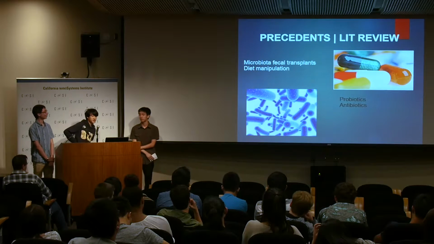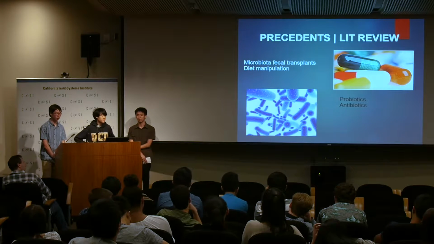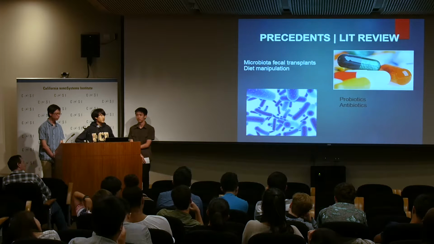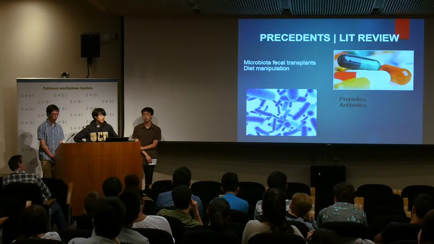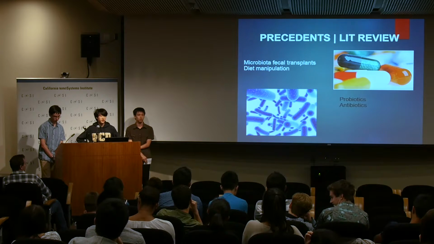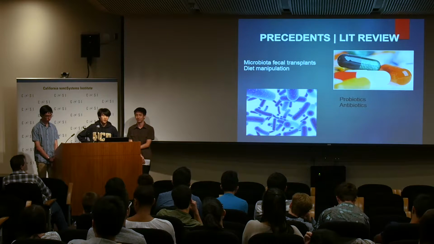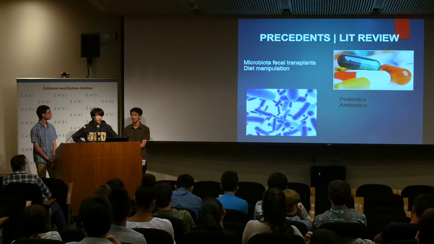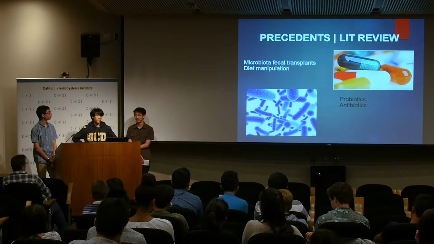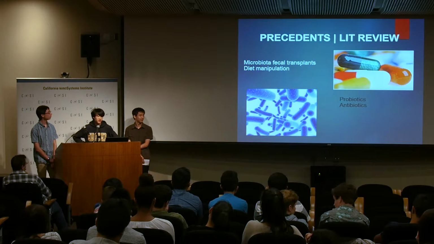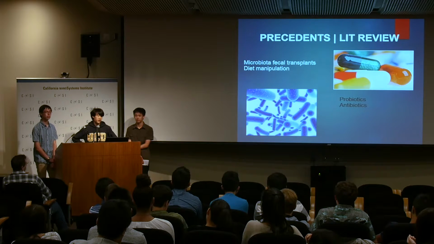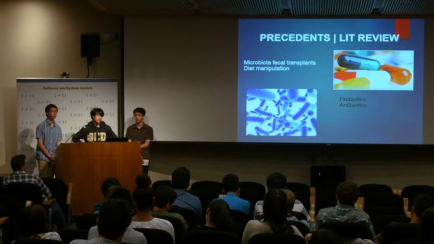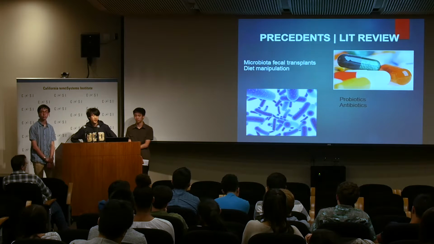Research has been done before, experiments on trying to find the causes of different inflammatory bowel diseases. They've done microbiota fecal transplants. One study was done on rats where they took the fecal matter of a healthy rat and put it into an unhealthy rat, and the unhealthy rat actually recovered from its illness after receiving the fecal matter from the healthy rat.